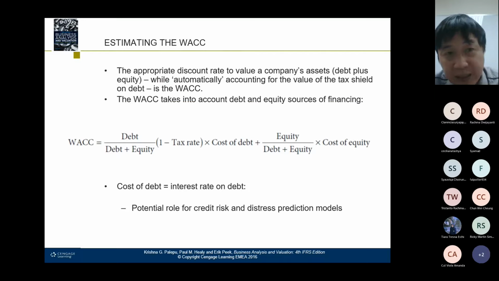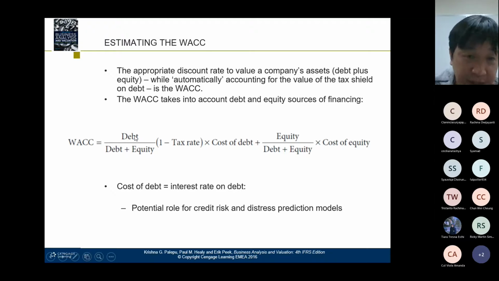Next, estimating the WACC, the weighted average cost of capital. The appropriate discount rate to value a company's assets is the WACC. The WACC takes into account debt and equity sources of financing.